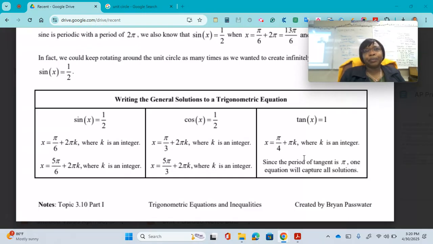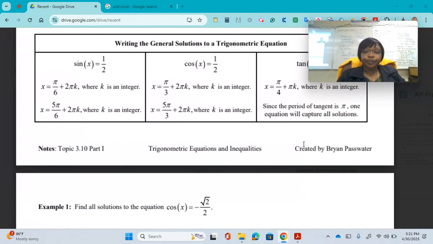For tangent, what's our period? Pi. Yeah, I said that. So we do pi over 4 plus pi periods, and k is how many periods, since the period of tangent is pi.